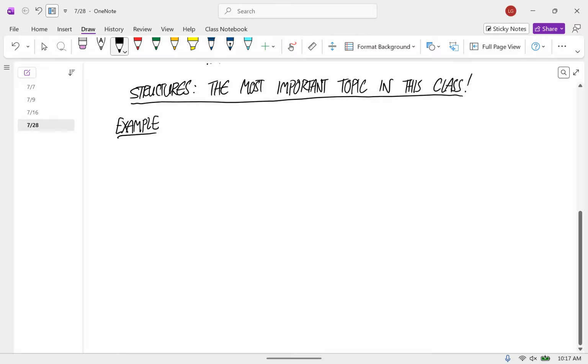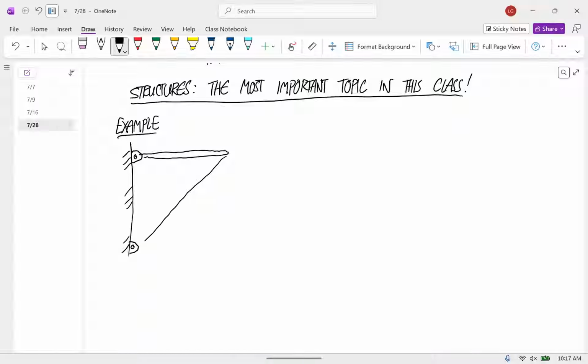So let's say that we have a vertical wall and 2 hinges connected. And then 2 rigid members connected to each other in the upper right corner.